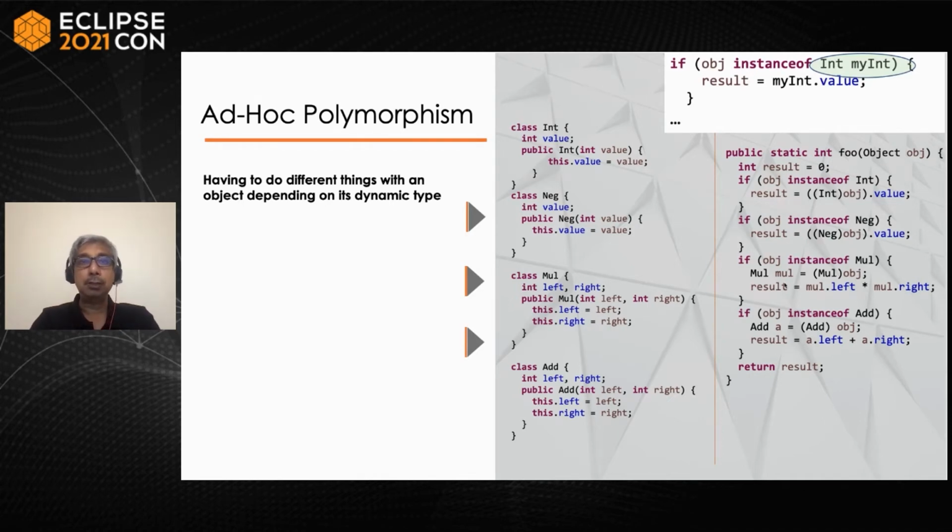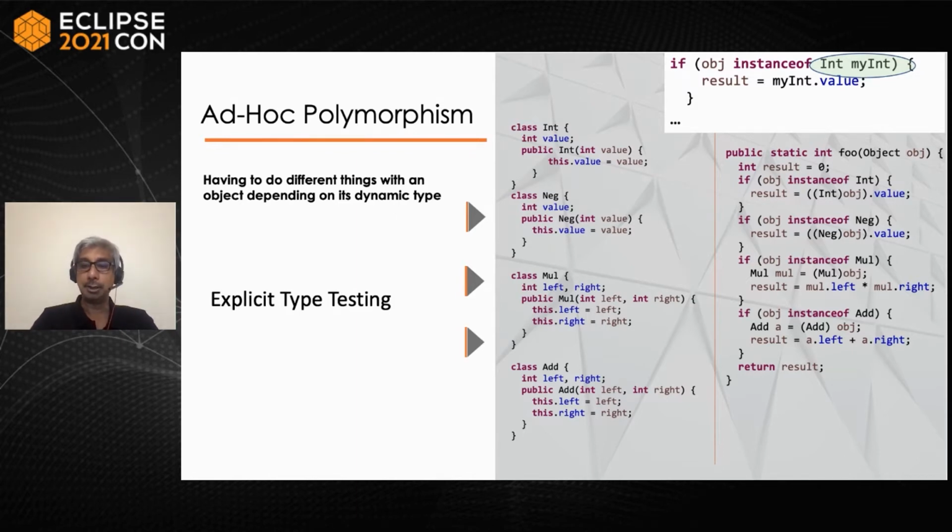Here, there is an Int, and there is a variable associated with it, and you can directly use that myInt without typecasting. Now, this might look a little easy from the programmer's point of view, but there are a lot of things going on inside the compiler. There are a lot of scoping rules. However, from the perspective of dynamic type checking, you still need to explicitly do the type check. And you know that this feature is available from Java 16 onwards. So what is the problem here? It's explicit type testing.